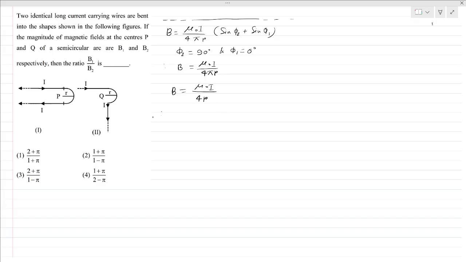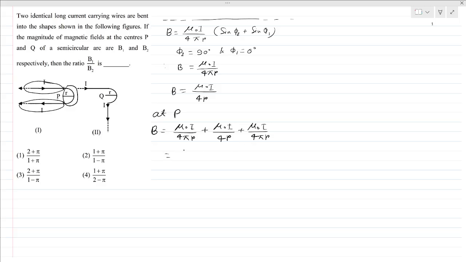So therefore at point P, we can write the magnetic field B equals mu 0 I by 4 pi r plus, for the semicircular part or arc, mu 0 I by 4r. Now for the next part, we have mu 0 I by 4 pi r.